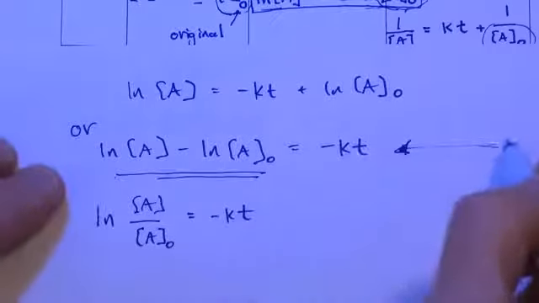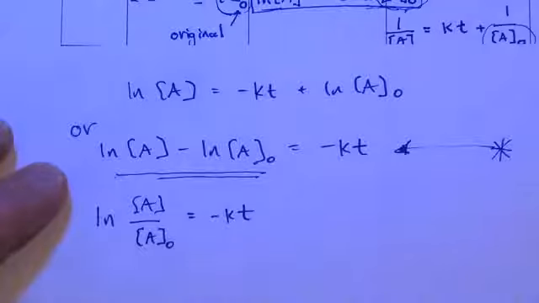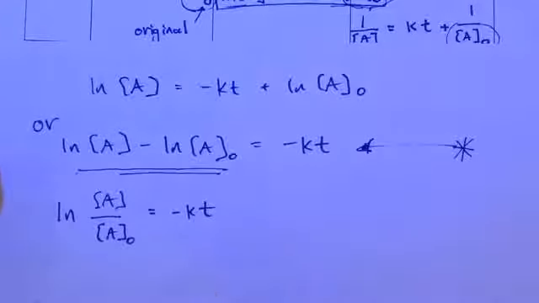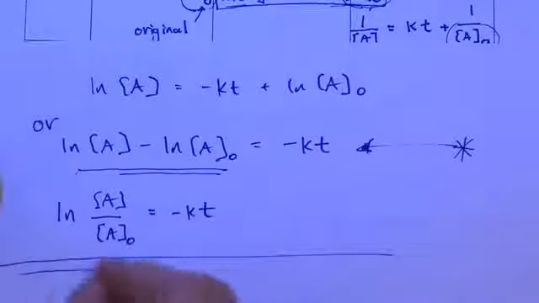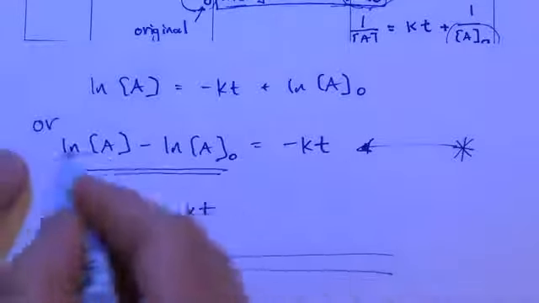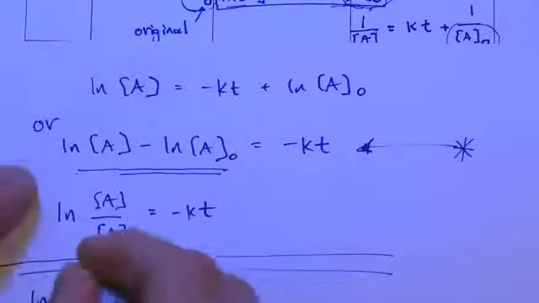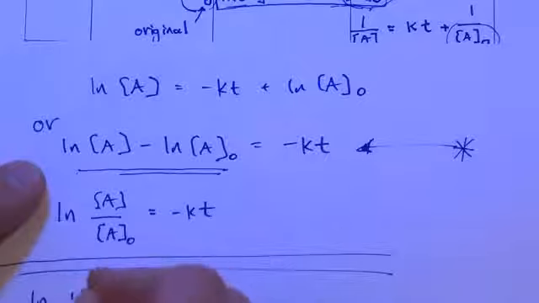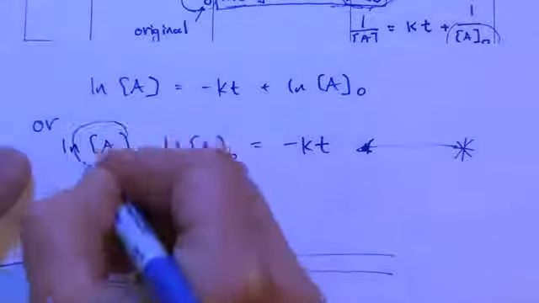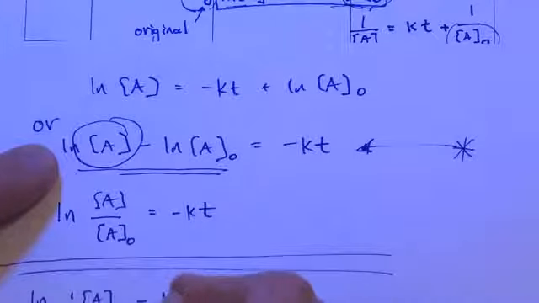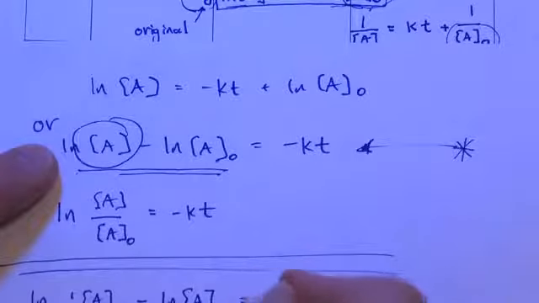Let's use this equation now to find what the half-life would be, or how long it would take to get to half the amount of the original. So I can rewrite this equation now as the natural log of half of the original amount, I'm putting that in place here because that's the amount that I want to know, minus the natural log of A original is equal to negative KT.